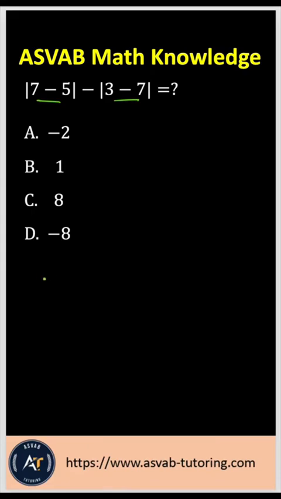So 7 minus 5 is 2, absolute value of 2, minus the absolute value of 3 minus 7, which gives you negative 4. Absolute value means you have to keep the positive number. Whether it is positive or negative inside the absolute value, you have to take the positive one.